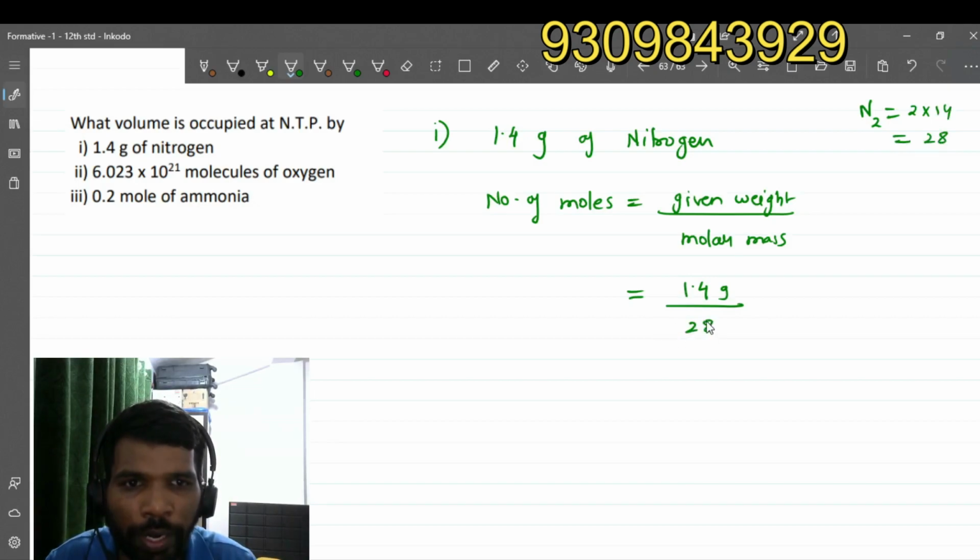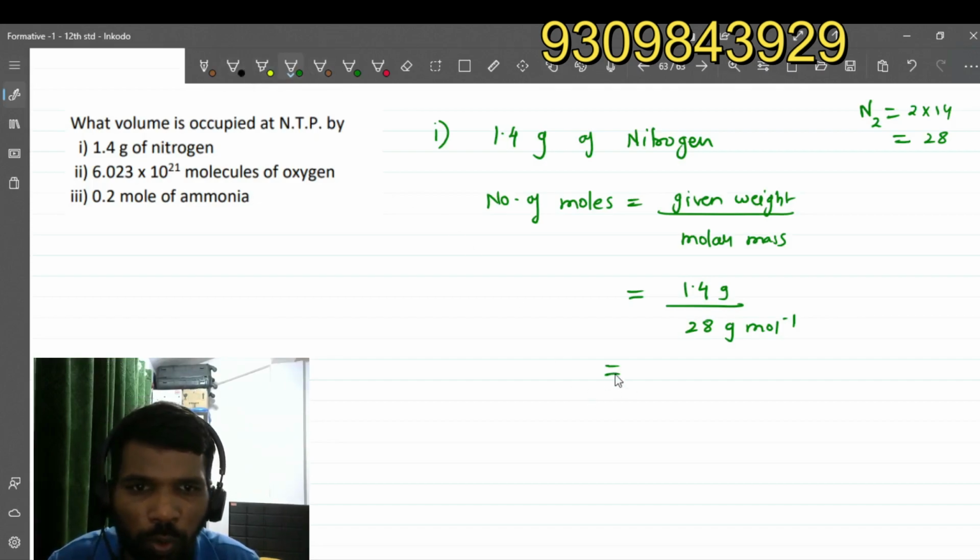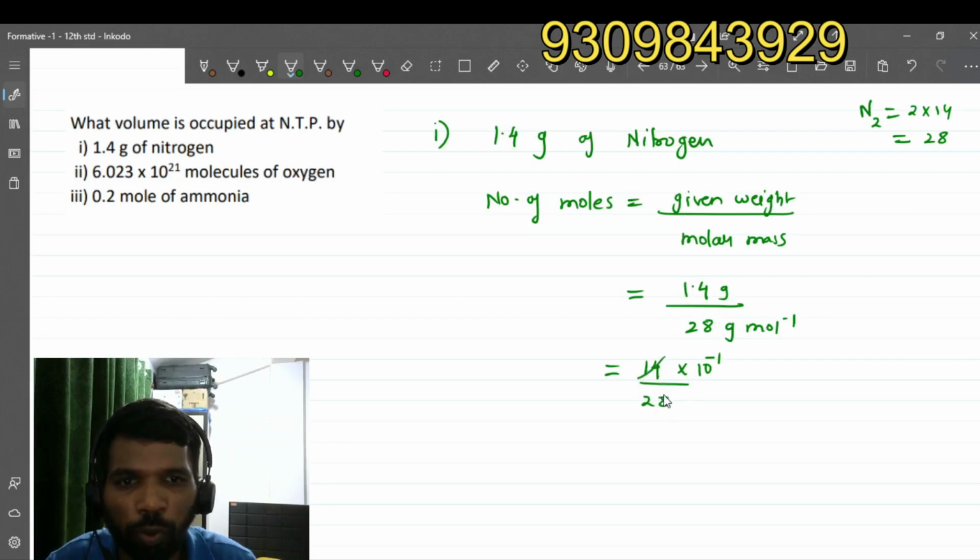So this is 28 gram. Unit is grams per mole. See the units, units are very important over here. So how will we write this? 1.4 could be written as 14 into 10 raised to minus 1 upon 28. 4 ones are 4, 4 twos are 8, so it is 1 by 2.